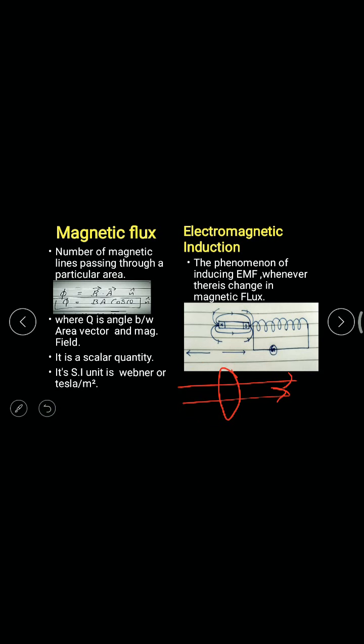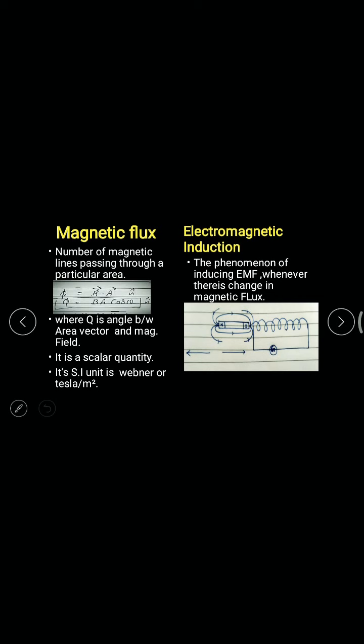If the number of field lines passing through this area decreased, the magnetic flux will also decrease. So the magnetic flux is equal to the dot product of magnetic field and the area vector.